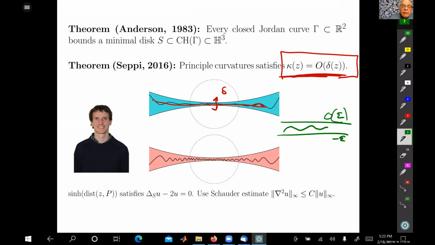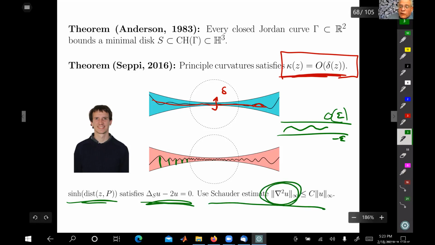This also works for minimal surfaces. Andre Seppi showed that if you take the distance of this minimal surface to one of these planes, it satisfies a certain elliptic equation. Then using the Schauder estimates, he could bound the gradient of the minimal surface in terms of how far away from the plane you are. And you're only delta away from the plane by definition. So these principal curvatures are bounded.